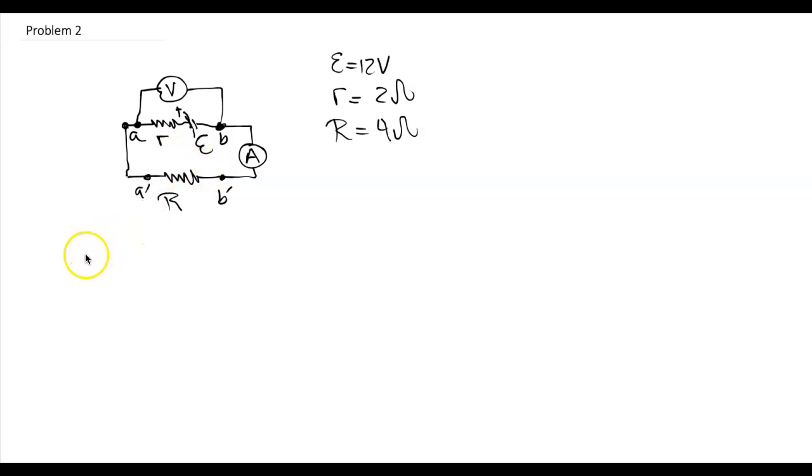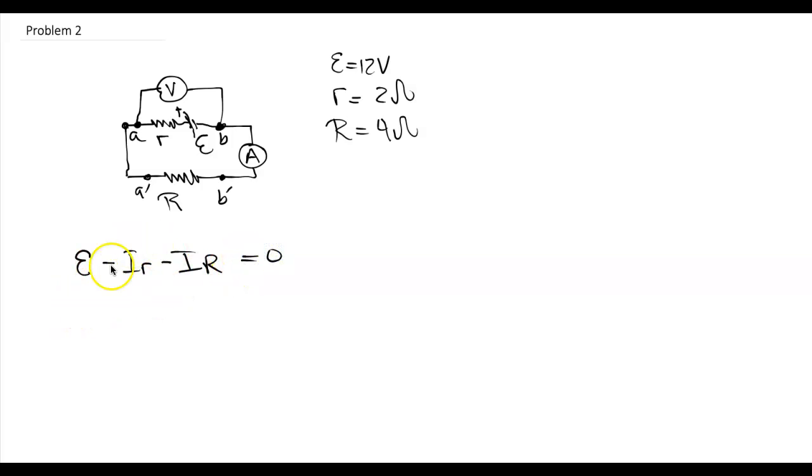And if we look at what sources we have, the source E is also going through the internal resistance little r and the resistance capital R, and that's going to do a voltage drop of I little r and I big R, and that has to equal 0.